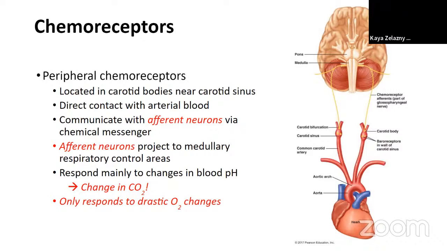As carbon dioxide rises, it pushes that equation to the right, creating more hydrogen ions ultimately. Our peripheral chemoreceptors do also respond to O2 changes, but they have to be pretty drastic. It's actually mainly the amount of carbon dioxide in your blood that changes your respiratory rate.